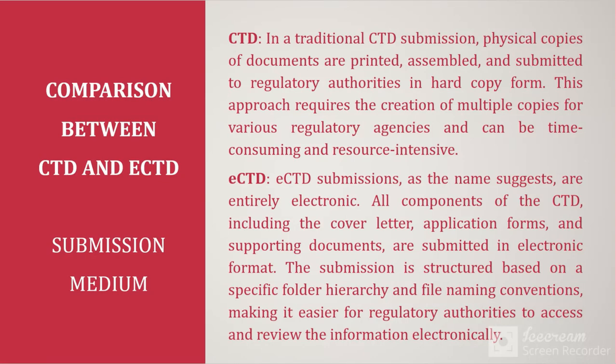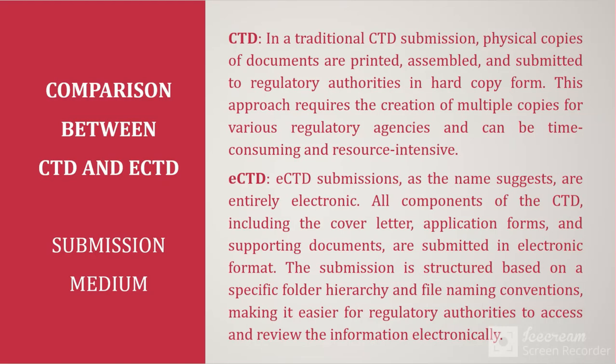Based on submission medium. CTD. In a traditional CTD submission, physical copies of documents are printed, assembled, and submitted to regulatory authorities in hard copy form. This approach requires the creation of multiple copies for various regulatory agencies and can be time-consuming and resource-intensive.